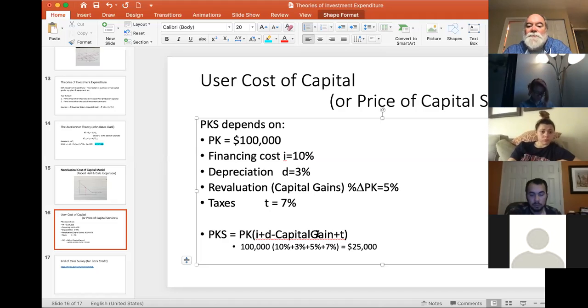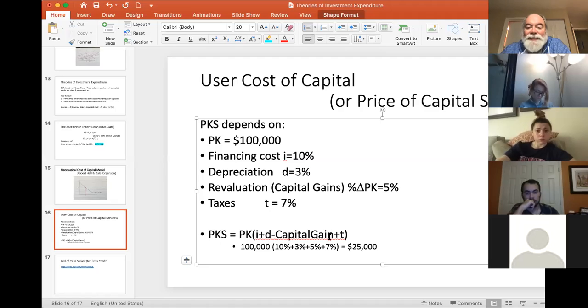The fractions all add up to 25. 25 times 100. So with these numbers, it cost Ryder $25,000 to own the truck. So in this case, $25,000 would be the price of capital services, or the user cost of capital.